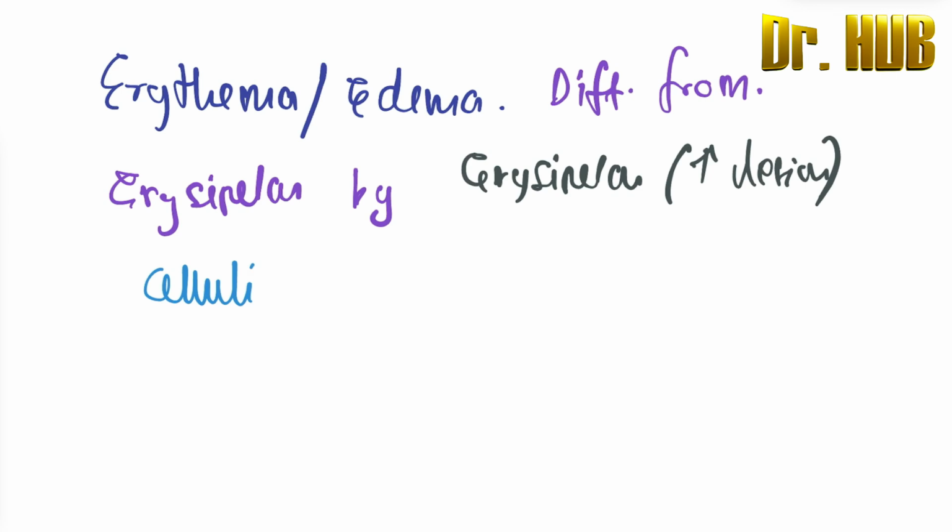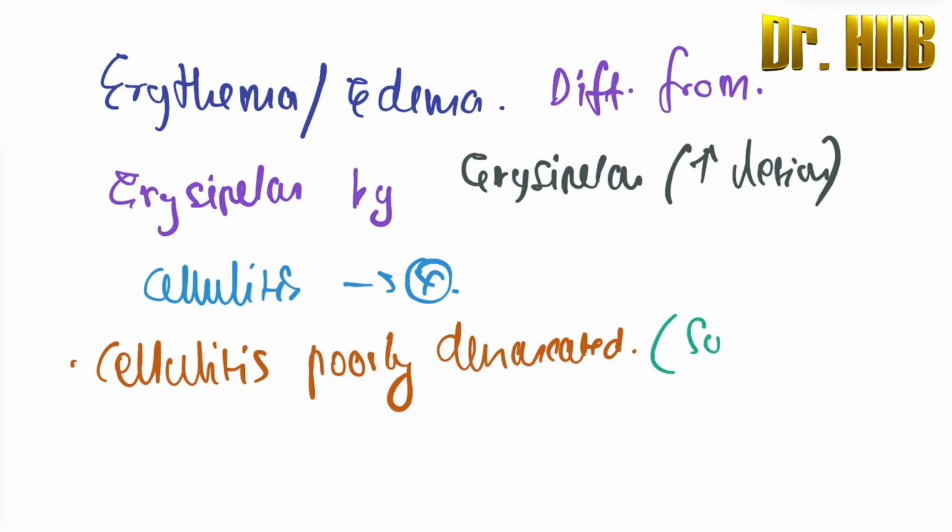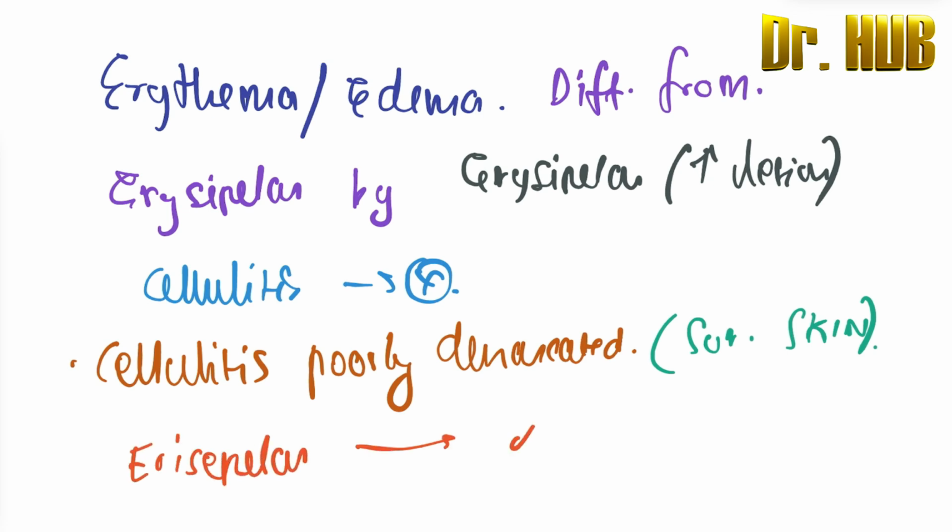Cellulitis is poorly demarcated from the surrounding skin, whereas erysipelas is clearly demarcated. Clear demarcation is present in erysipelas.